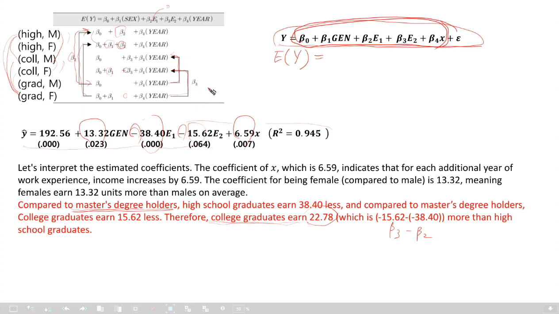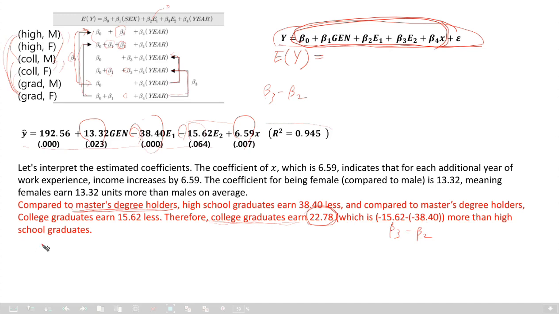So beta 3 minus beta 2 means college graduates have 22.78 more than high school graduates.